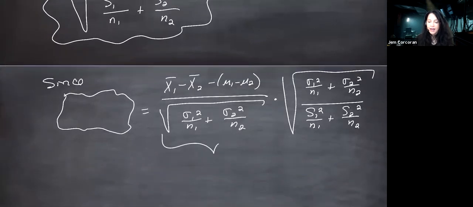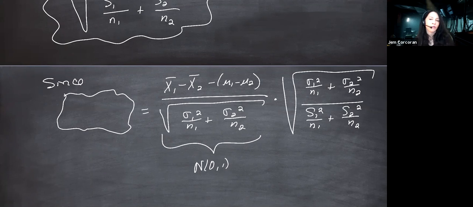This first guy is either normal 0, 1 if we started with normals, or asymptotically normal 0, 1 if we didn't start with normals, but we had large samples and we used the central limit theorem. So this is either normal 0, 1 or approximately normal 0, 1 by the central limit theorem.